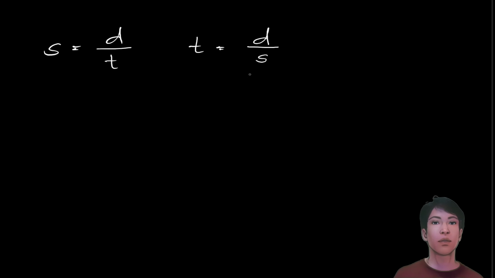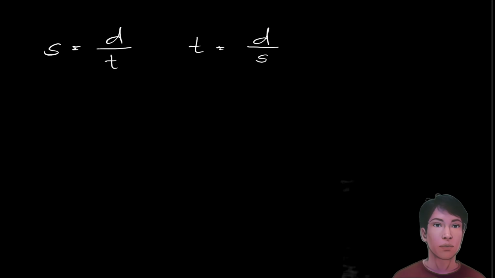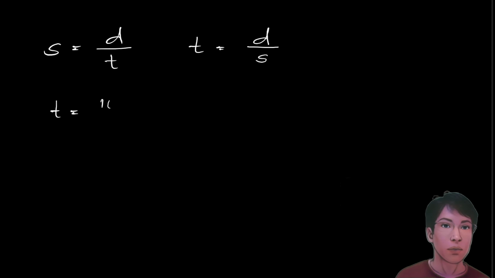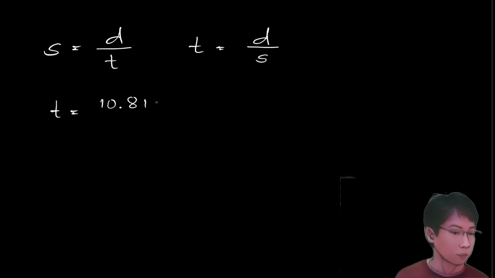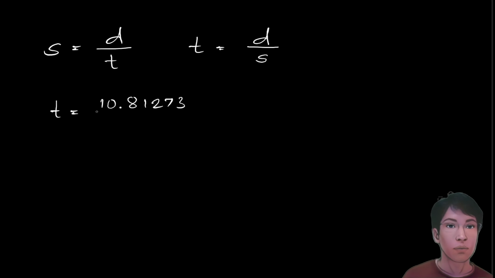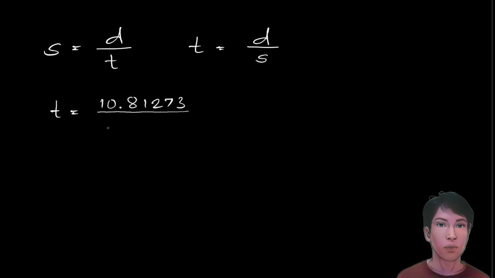Speed is given as 12 knots, and distance d is the one that we solved earlier, which is A, 10.81273 nautical miles. I'll be using up to 5 decimal places, divided by 12 knots. So 12 knots is 12 nautical miles per hour.